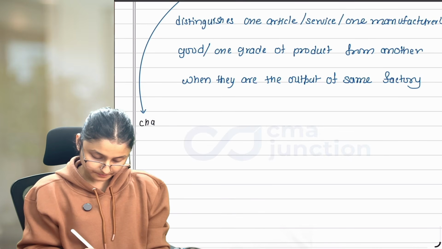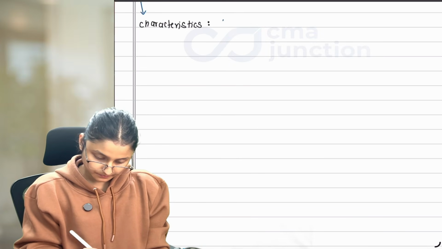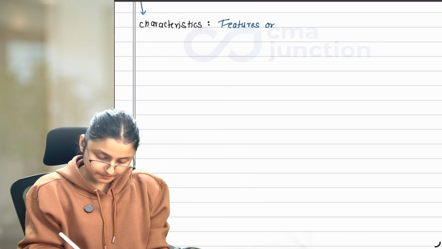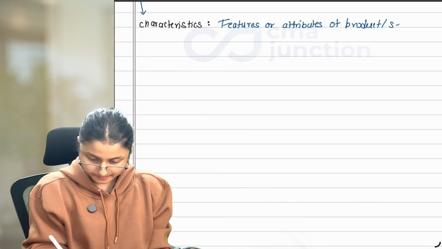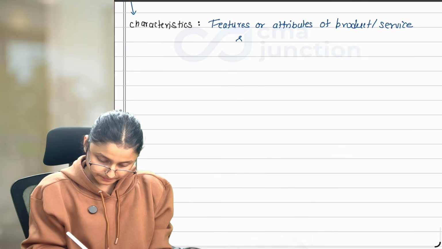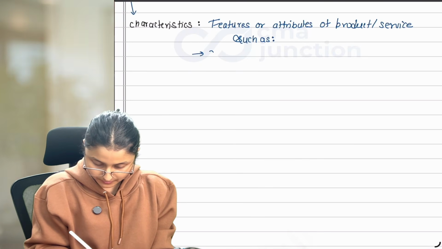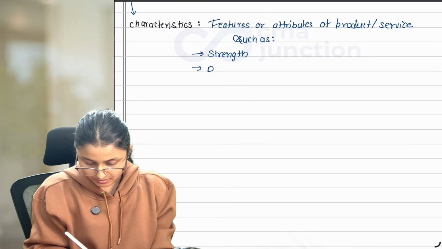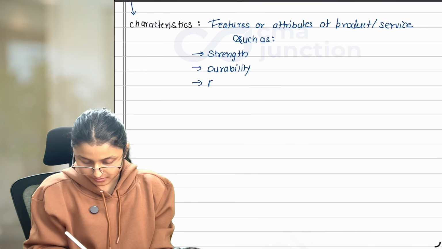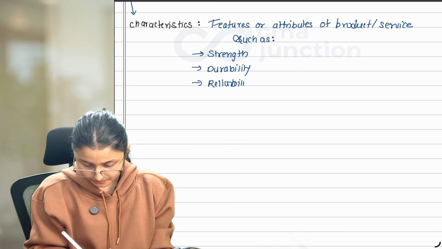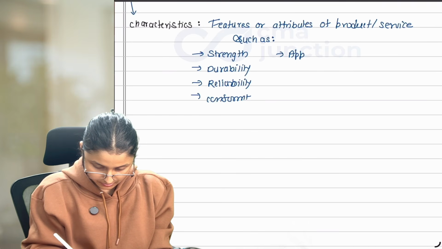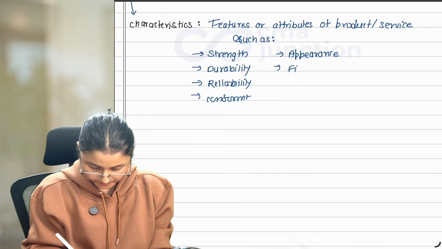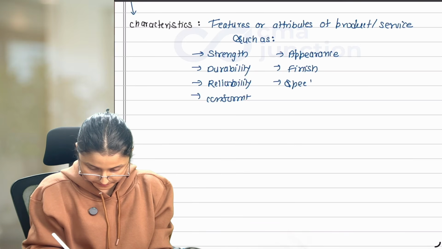Characteristics are the features or attributes of a product or service, such as strength, durability, reliability, comfort, appearance, finish, speed of service, accuracy.